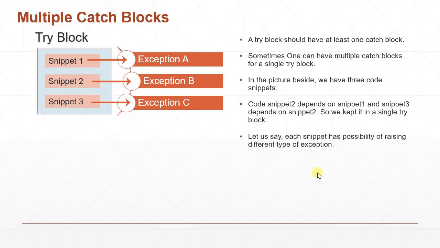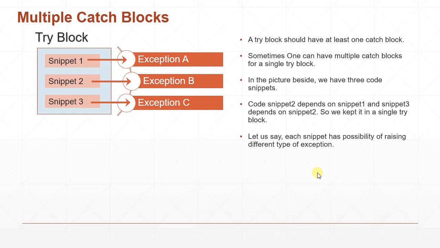They are not independent. If they were independent, we might have 3 different try blocks. Since they are dependent on each other, we kept everything together in a single try block.